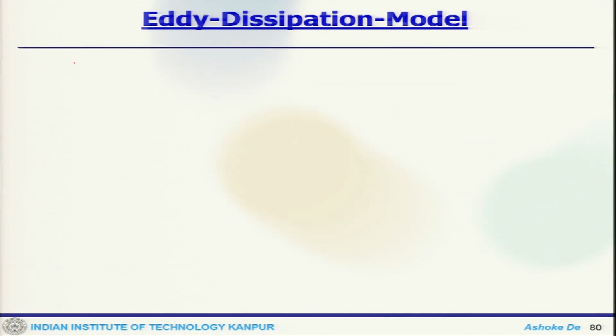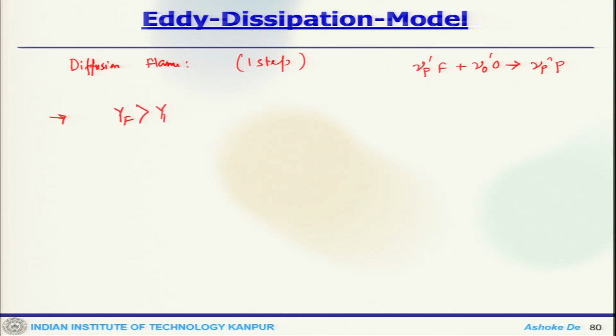Now, if you apply this to a diffusion flame, for example, one step chemistry where you write fuel plus oxidizer to product. If you consider that kind of one step chemistry, you could have, let us say, Y_F greater than Y_F stoichiometric. Then what happens is Y oxidizer would be smaller than Y_F, and that will lead to Y_E being only Y oxidizer.